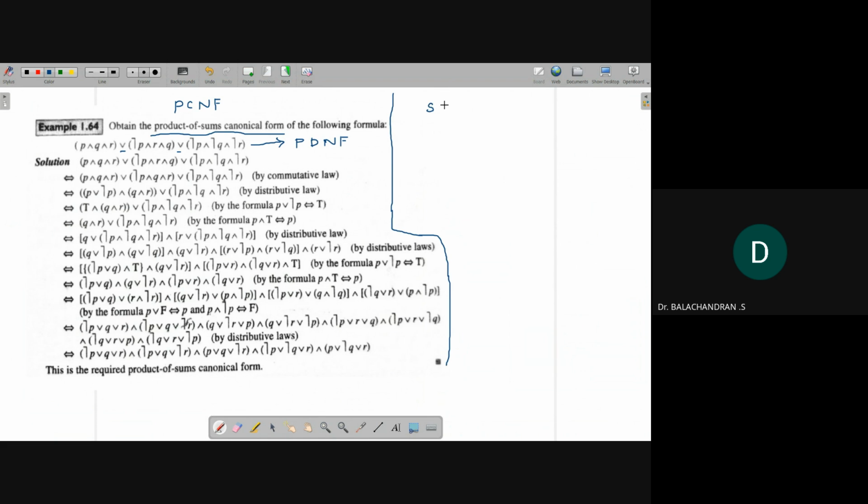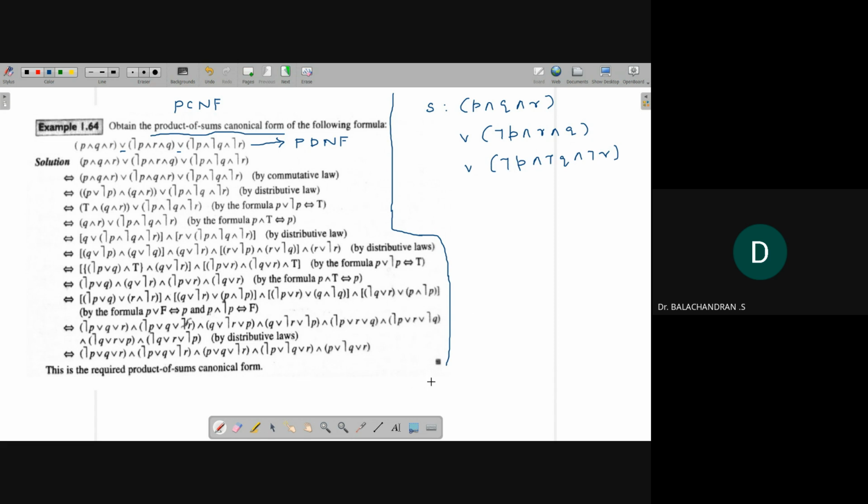S is P and Q and R, and then negation R, negation P and R and Q, and then R, negation P and negation Q and negation R. So actually this is in PDNF.